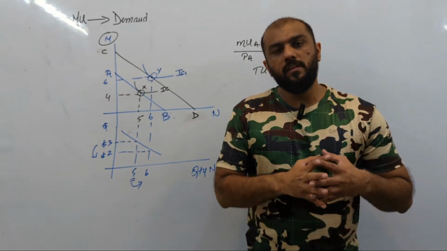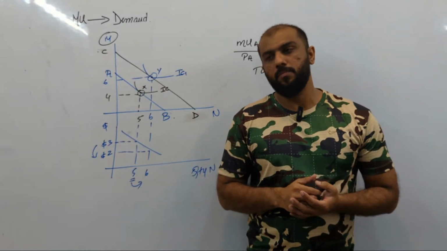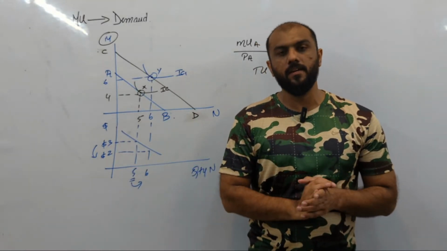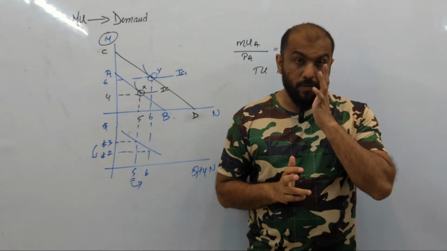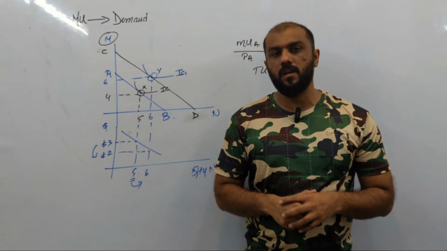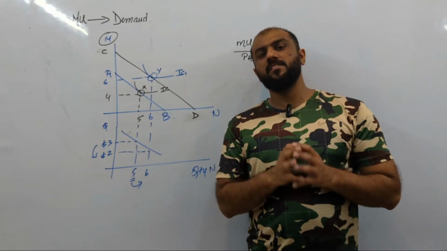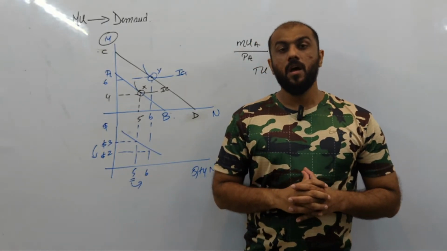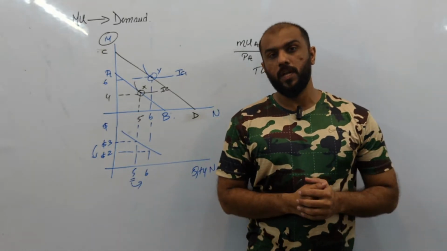The issues with this theory are that utility cannot be measured, and the second is the rationality of a consumer. This theory assumes consumers are rational, which means that they make decisions based on what maximizes their total utility.